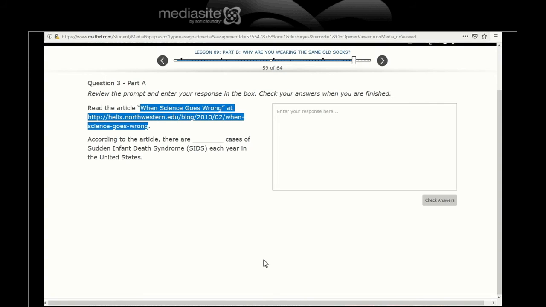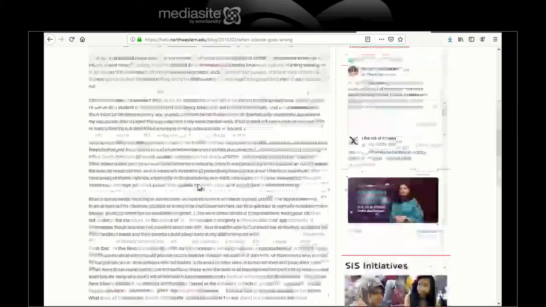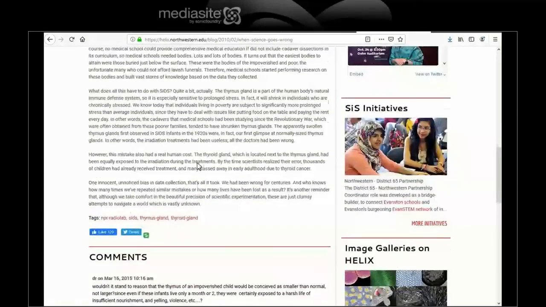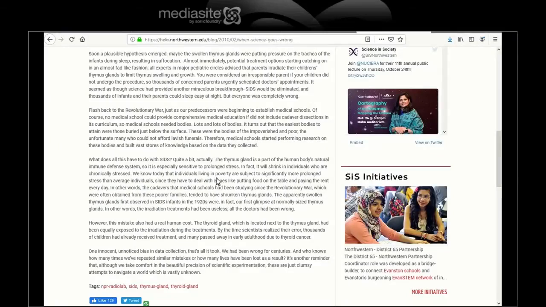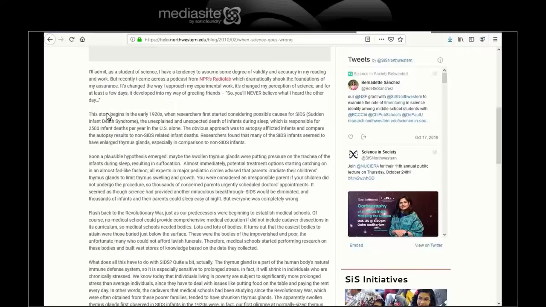According to the article, how many cases of sudden infant death syndrome are there each year in the United States? Gotta find it in here someplace. Ah, here we go. The story begins in the 1920s when researchers first started considering possible causes for SIDS, which accounts for 2,500 infant deaths per year in the U.S. alone. My cousin actually lost a child to this.